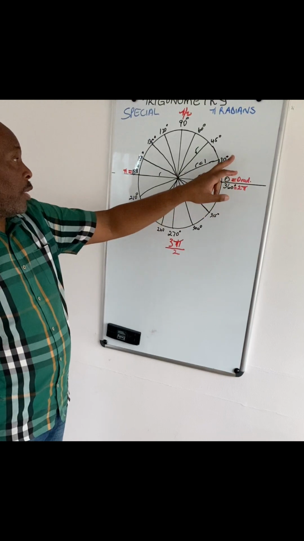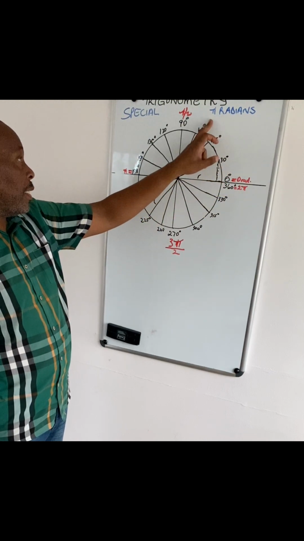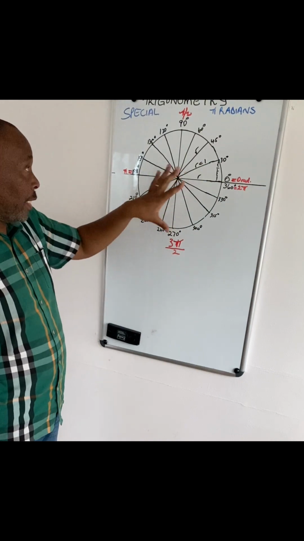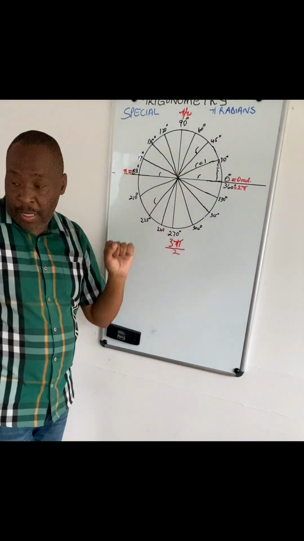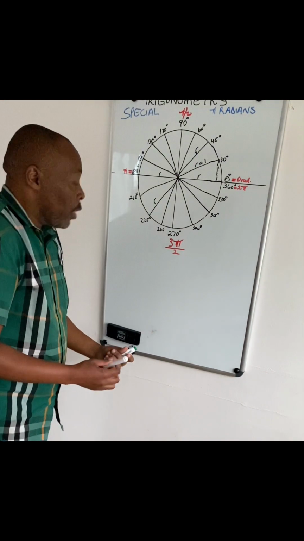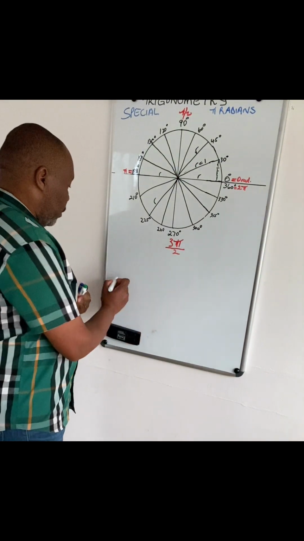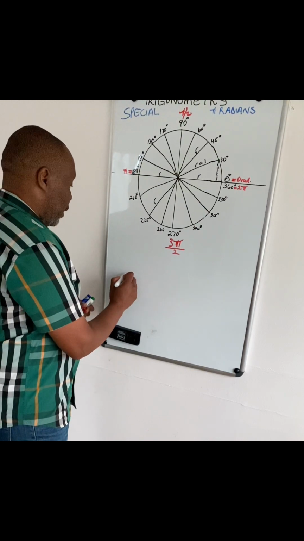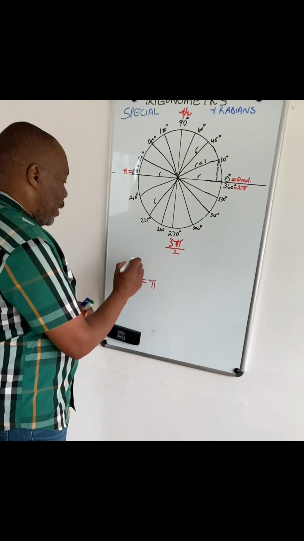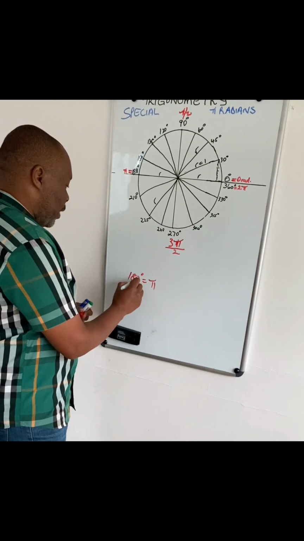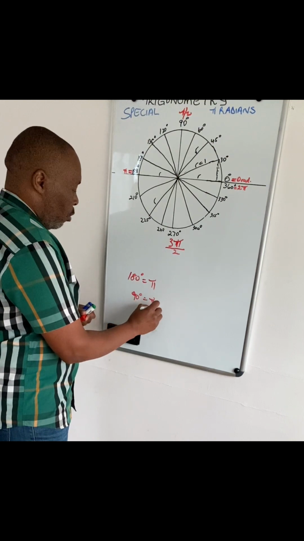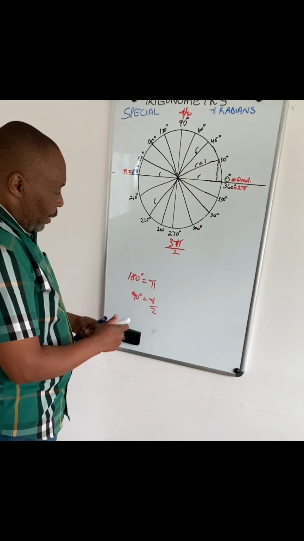Now we are going to deal with 30 degrees, 45 degrees, 60, 120, all the other special angles that we haven't dealt with yet. Right, this is how we do it. Because we said 180 degrees is equal to pi, and then we divided 180 by 2, we got 90 degrees is equal to pi over 2, right?